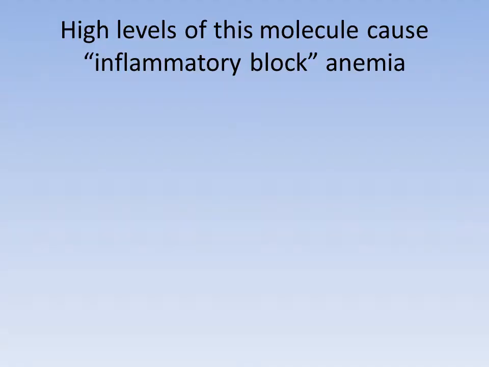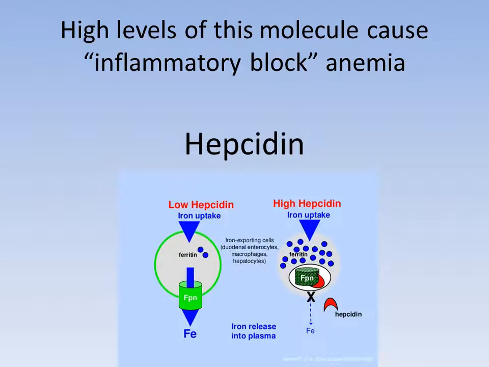High levels of this molecule cause inflammatory block anemia. Okay, that's right, hepcidin. Hepcidin is that inflammatory molecule which is synthesized in the liver.